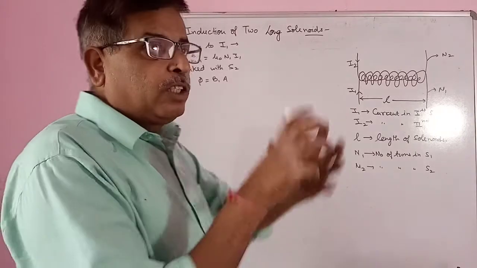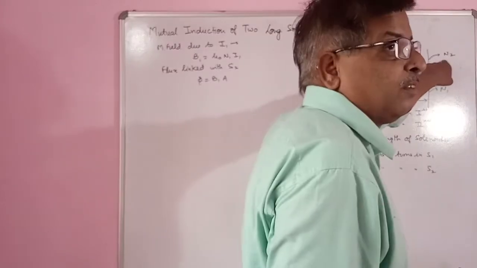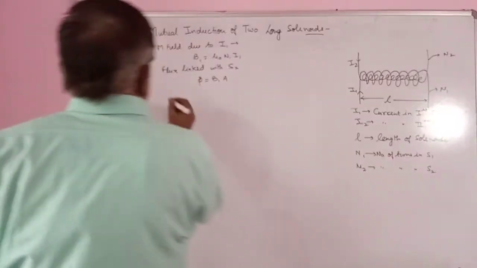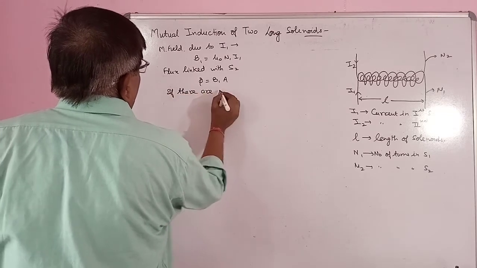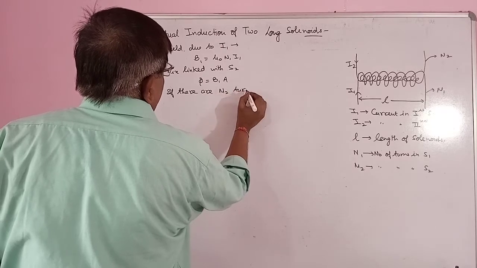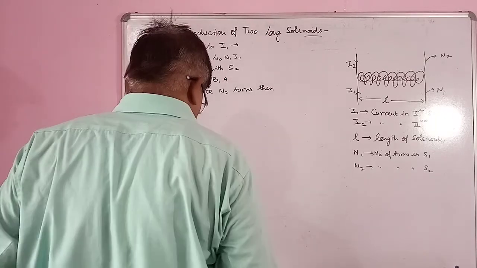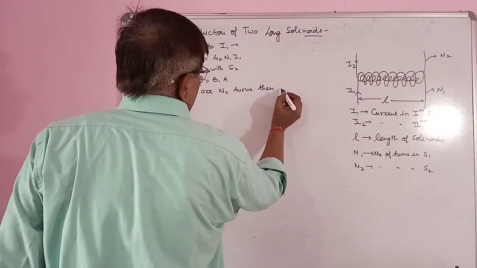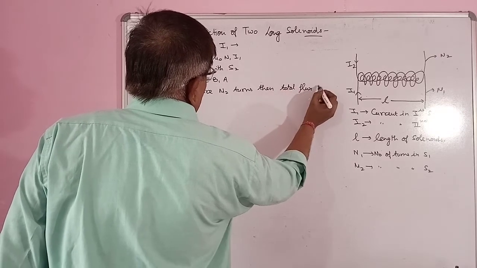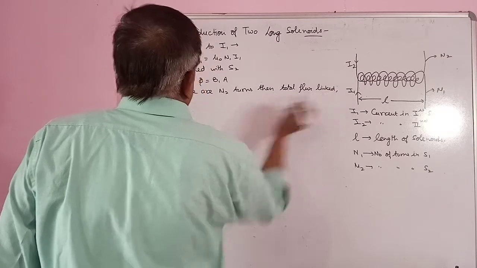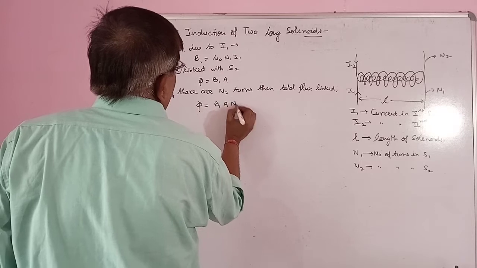अब ये एक लूप से अटैच्ड है. If there are N2 turns, then the total flux will be phi equals B1 A into N2.